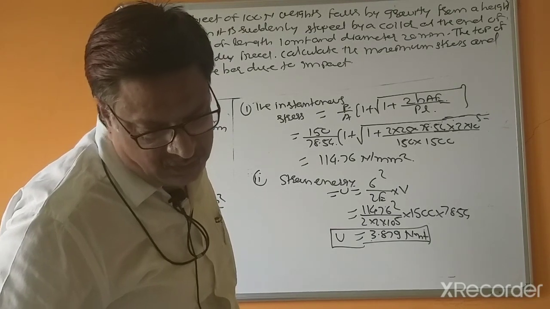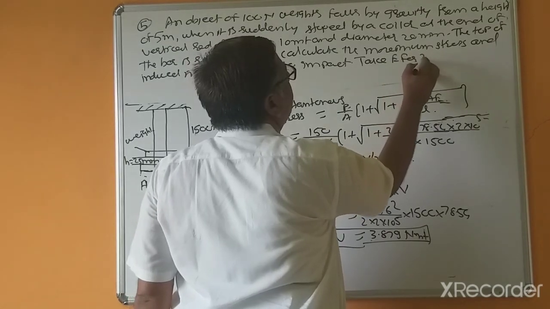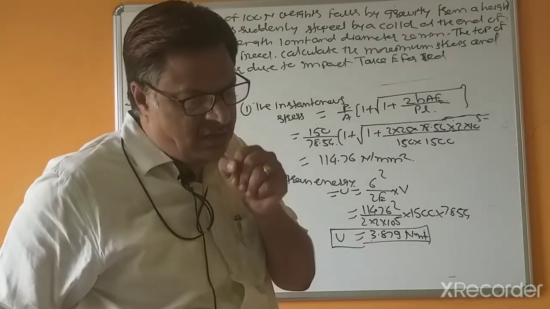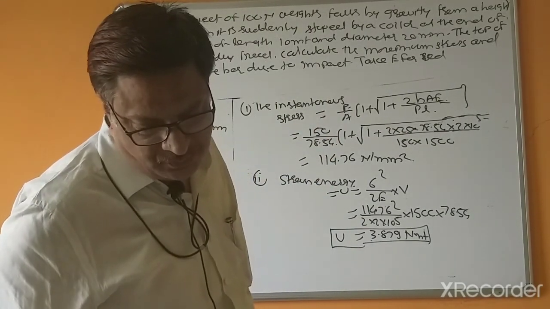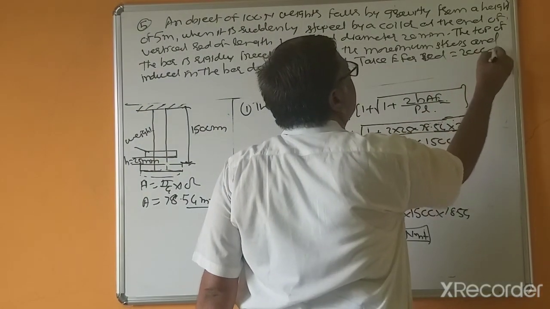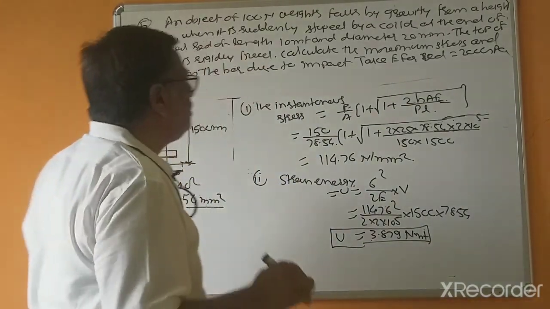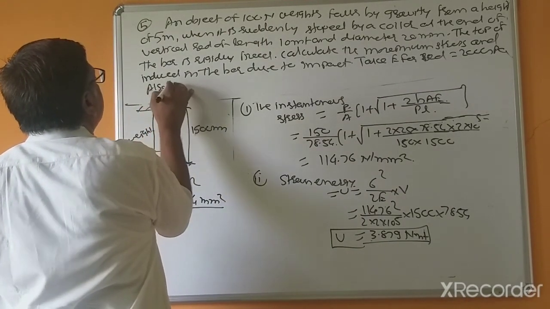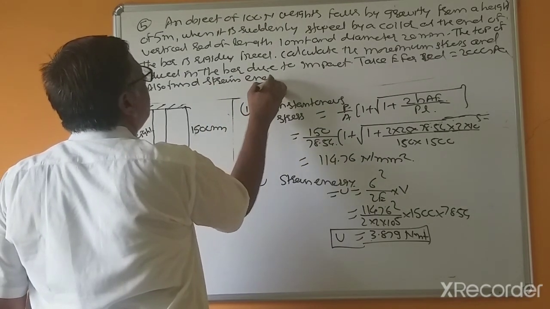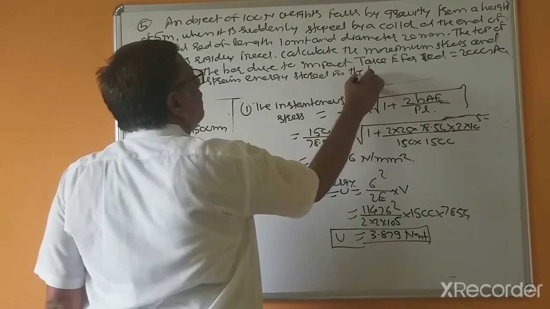Take E for rod equal to 200 gigapascal. Also find the strain energy stored in the bar.